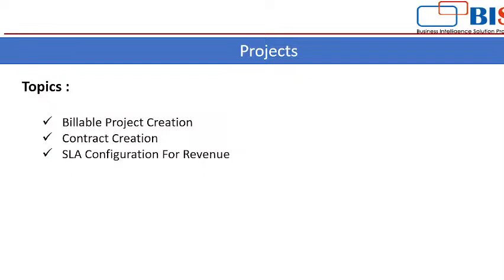So for the invoice accounting, we create the auto accounting rules that we have already discussed, but for the revenue purpose we have to create the SLA configuration in the projects module.